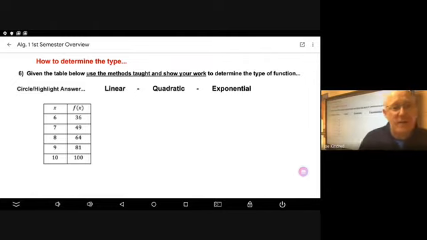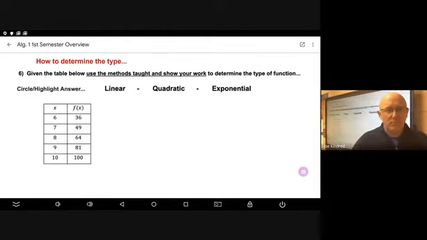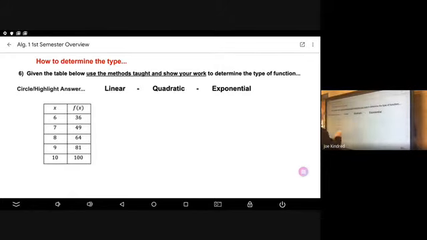And so you're going to have to do problems like this. You're going to be given a table, probably in your practice today, and you're going to have to decide, is this linear, quadratic, or exponential? Well, how do we approach this? Just like you saw in the earlier example.